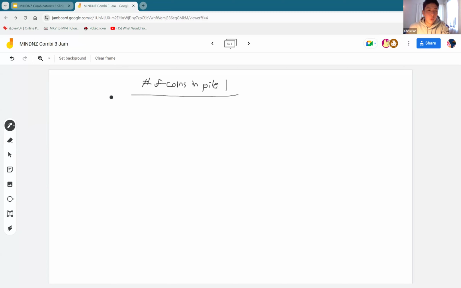We have the number of coins on pile one, which can be the rows over there.